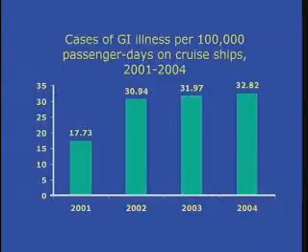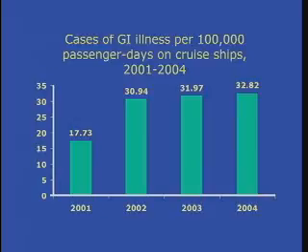Cases of GI illness per 100,000 passenger days on cruise ships, 2001 through 2004. Data in the Vessel Sanitation Program surveillance system indicate that in 2001, roughly 18 cases per 100,000 passenger days were identified among passengers on cruise ships.